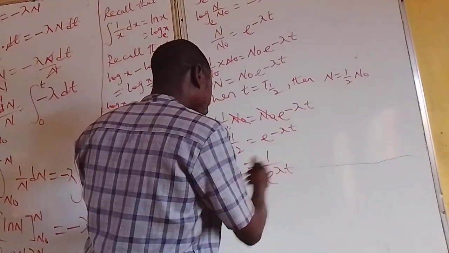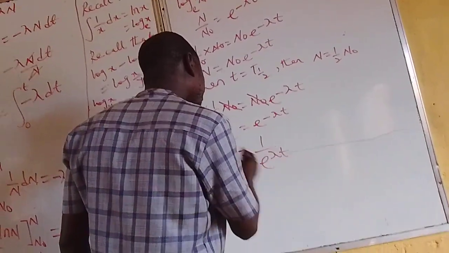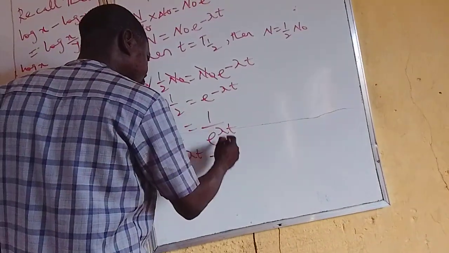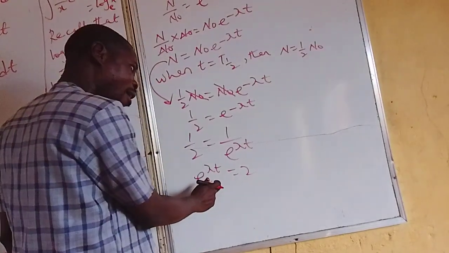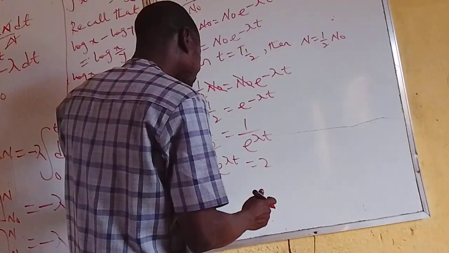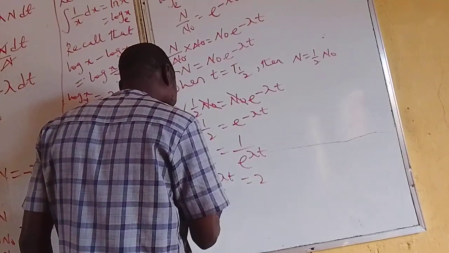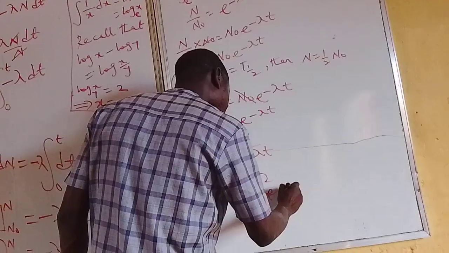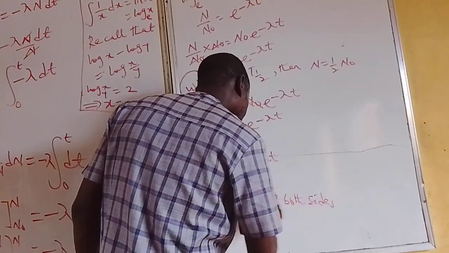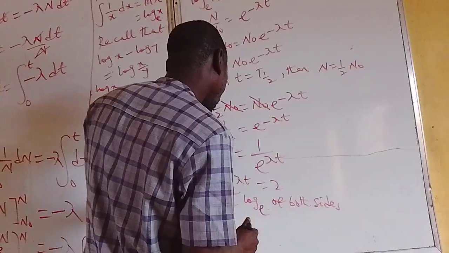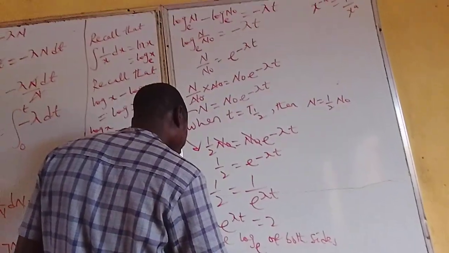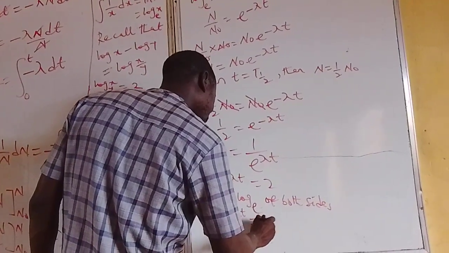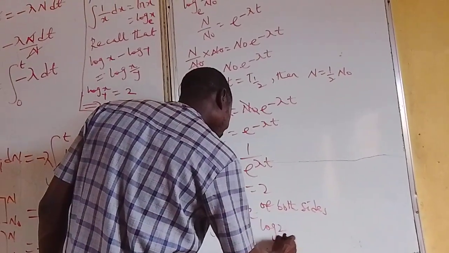If I do the cross multiplication, I have exponential lambda t is equal to 2 times 1, which is 2; 1 times this is exponential lambda t. So how do I remove this exponential? I will take log to base e of both sides. So if that is properly done, I have log of exponential lambda t to base e is equal to log 2 to base e.